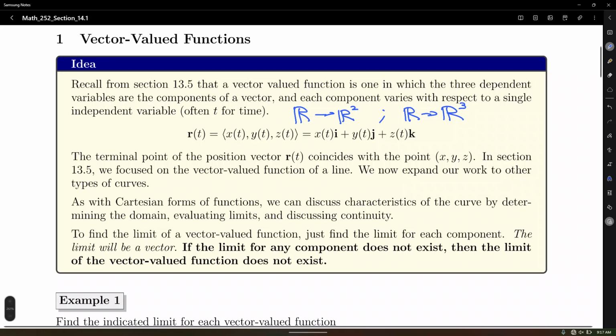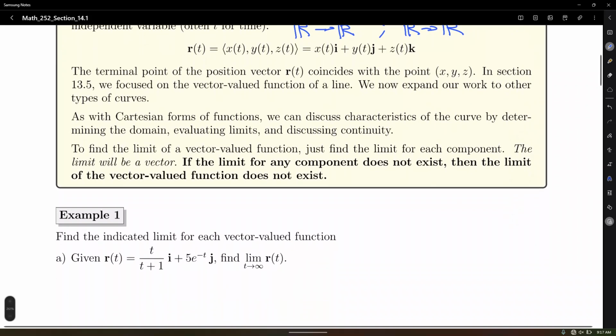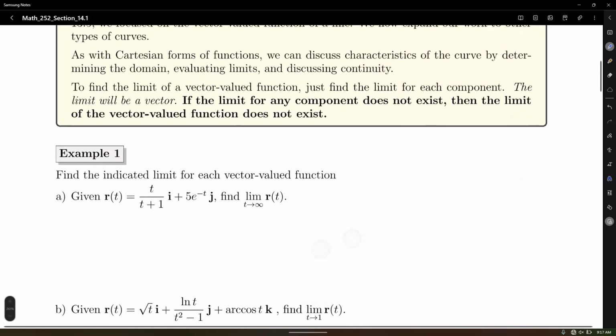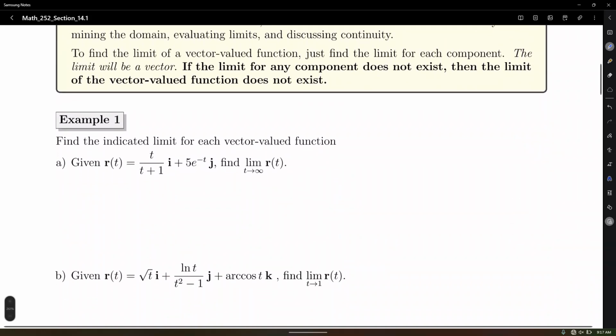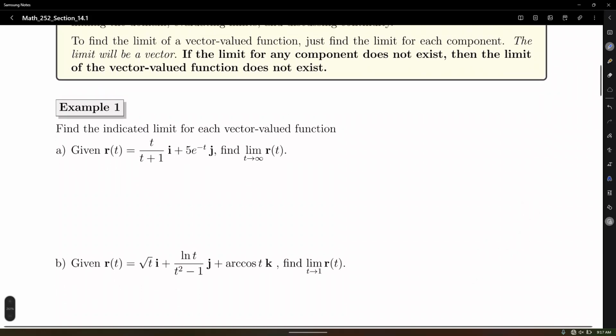All right, so let's talk about the limit of a vector valued function. So here's where all our Calc 1 and Calc 2 techniques for finding limits will come back. L'Hopital's rule, everything you can think of, right? So when it comes to finding the limit of a vector valued function, what we do essentially is find the limit of each individual component on the side, and then the result will be a vector.